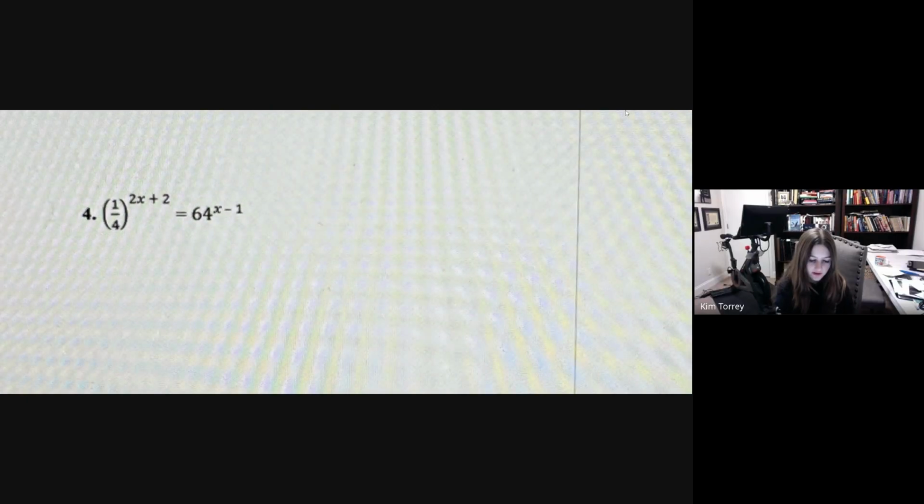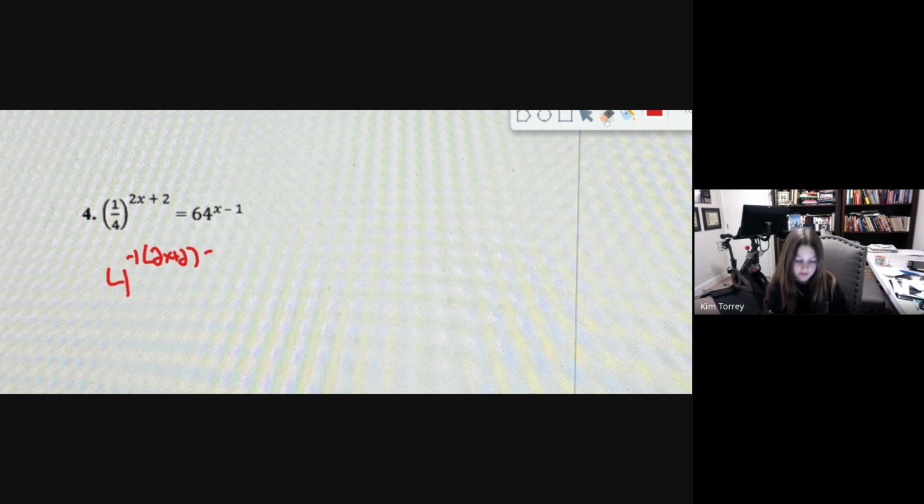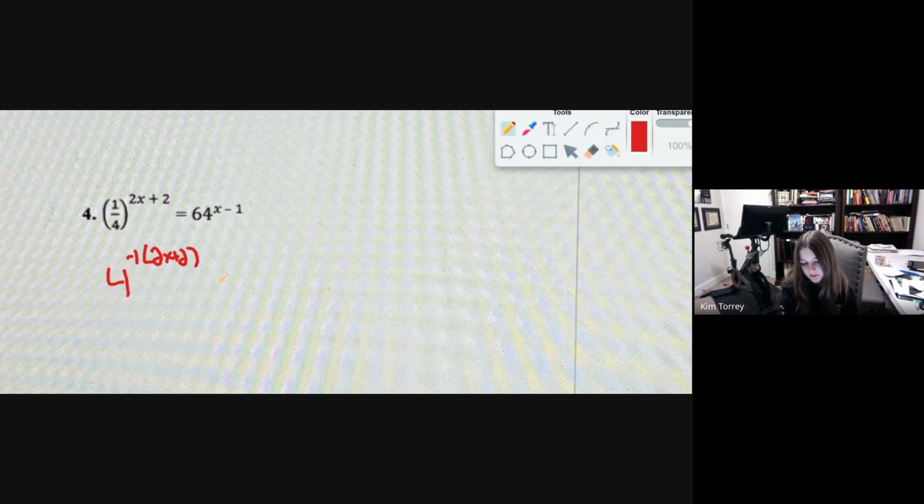So it'd be 4 to the -1 power, and then 2x plus 2 in parentheses equals 4 cubed x minus 1. So it'd be -2x minus 1 equals 3x minus 3.